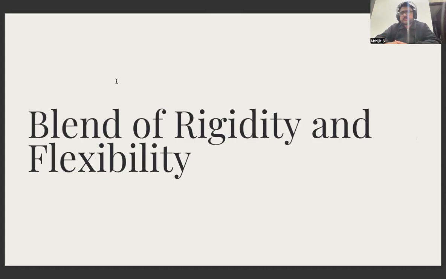Another salient feature associated with the Indian Constitution is that it is a blend of both rigidity and flexibility. When we analyze the various salient features of the Indian Constitution, you'll realize that there was always a pull between the British structure of government and the American structure of government.